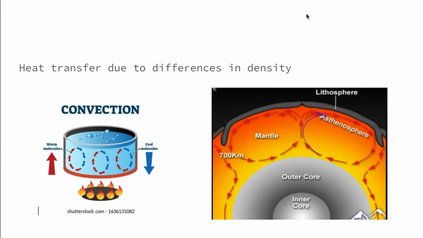And the second one is convection, and this does not happen in solids. This only happens in liquids and gases, and it's when you start getting circular patterns of rising and falling materials due to differences in density. When things are warm, they are less dense, and so they're going to rise. Inside the Earth, this happens: your mantle heats up, it goes up, and then it cools down, and it makes a circle pattern, and that's where plate tectonics comes from.